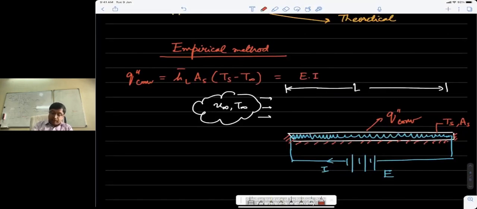So knowing everything else, I can figure out, or I can get some data for the heat transfer coefficient h bar L for this, let's say, one experiment. Now this experiment, let's say we were doing with air, I can repeat the same experiment with water or some other fluid which is conveniently available.